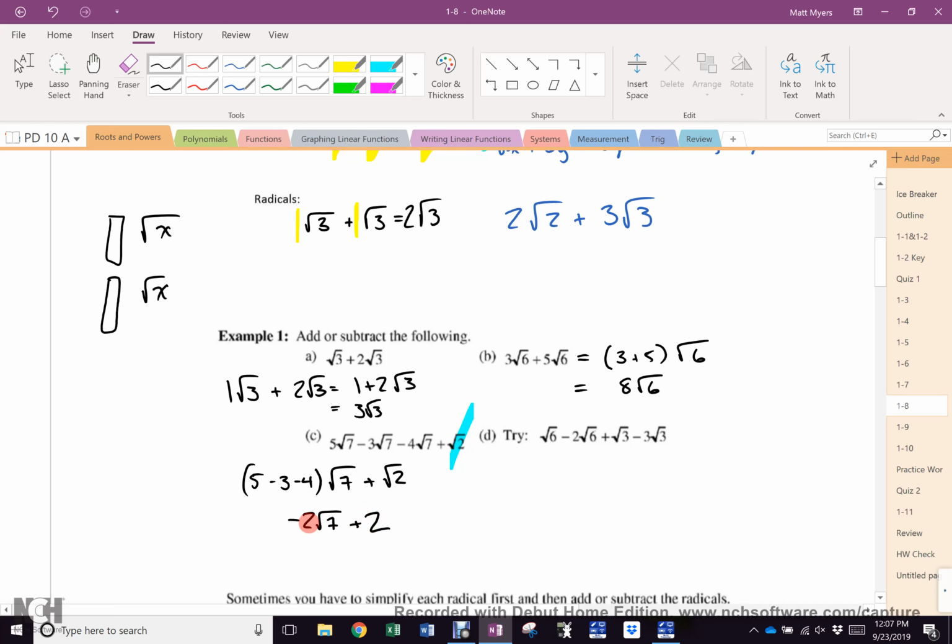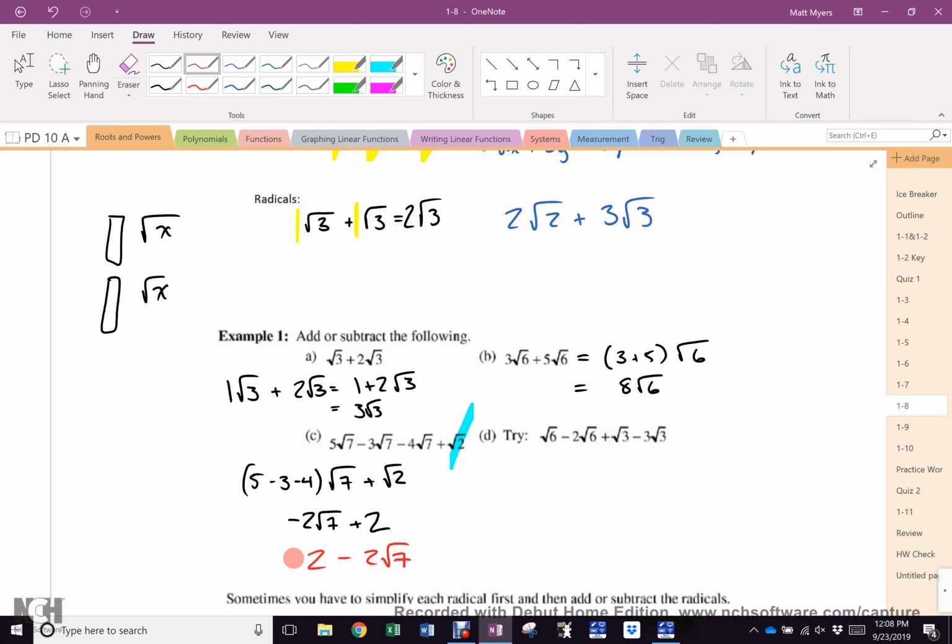Some teachers, professors, instructors, whomever, will insist that this be written as 2 minus 2 root 7, so you don't have a negative at the front. I could not possibly care less. Okay?